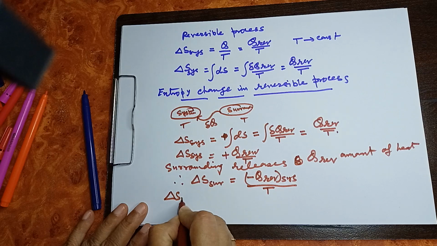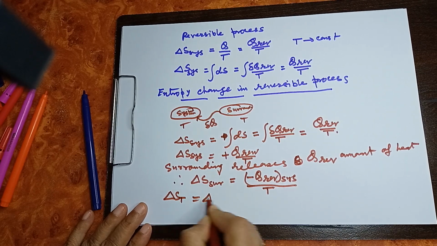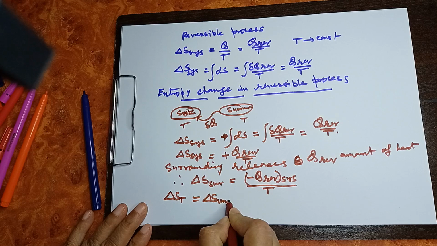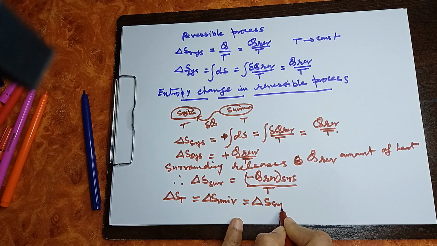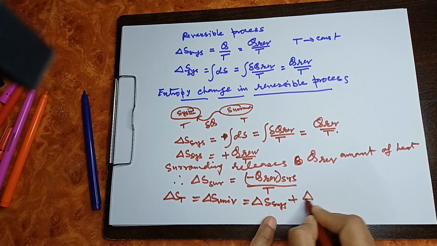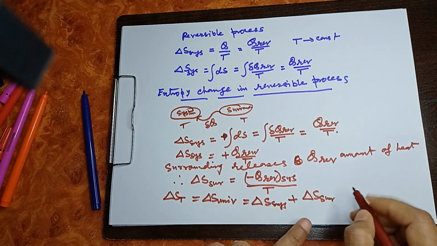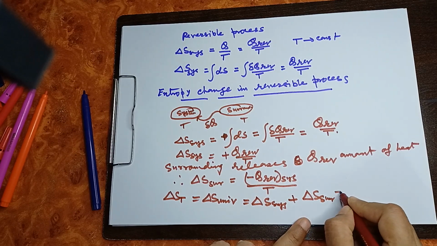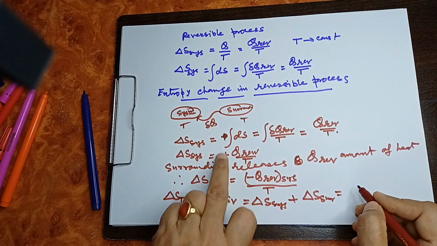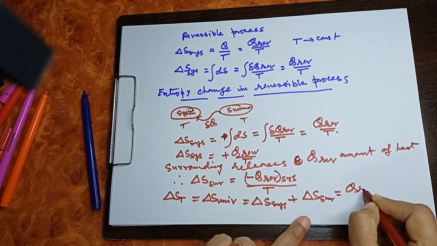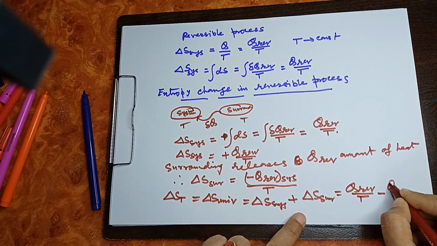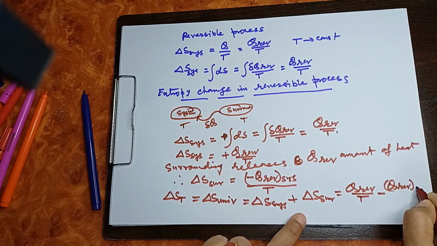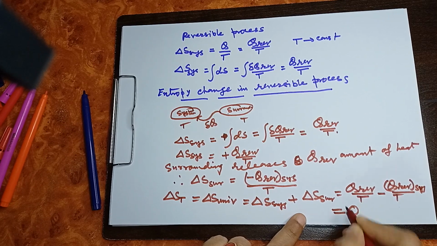Delta S total, which we call delta S universe, is equal to delta S system plus delta S surroundings. That is Q reversible by T minus Q reversible of system by T, which is equal to 0.